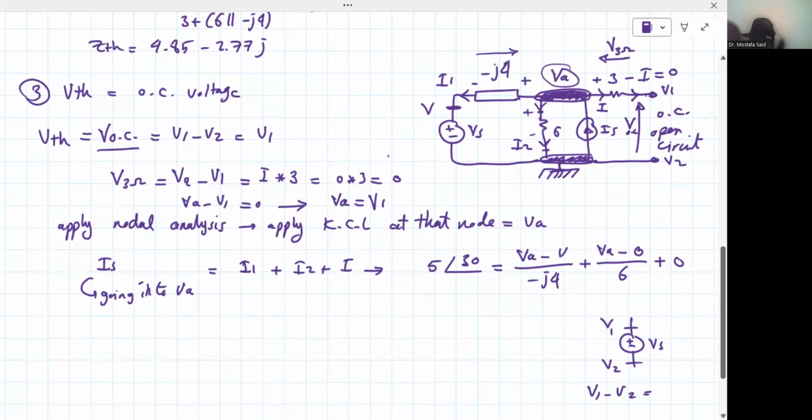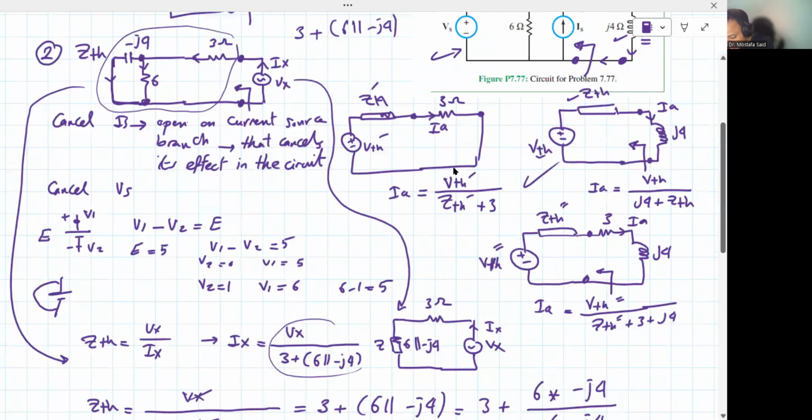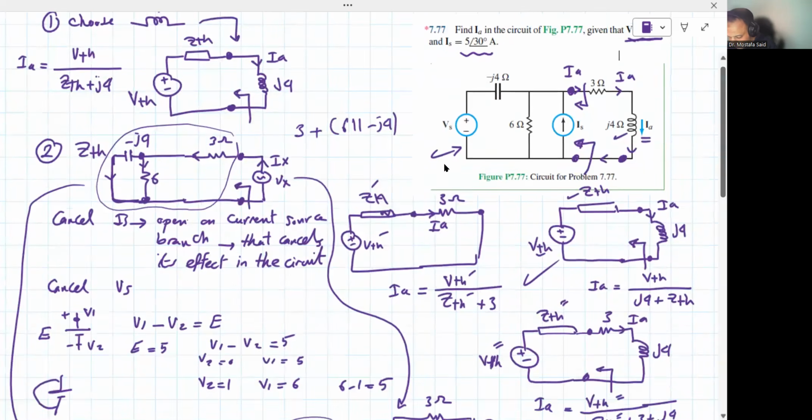In our case, V1 is V and V2 is 0, and the difference is equal to Vs, which is 10 volts in that example. So V1 equals Vs equals 10. It's a given.